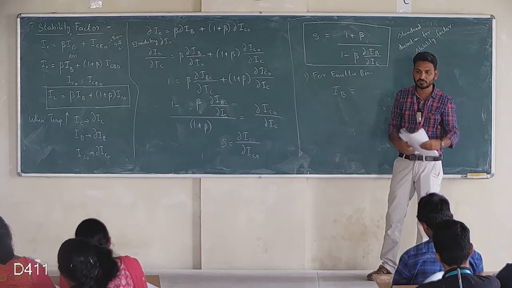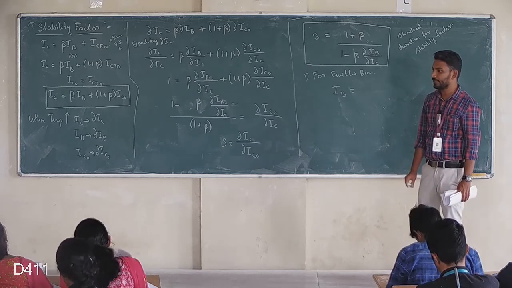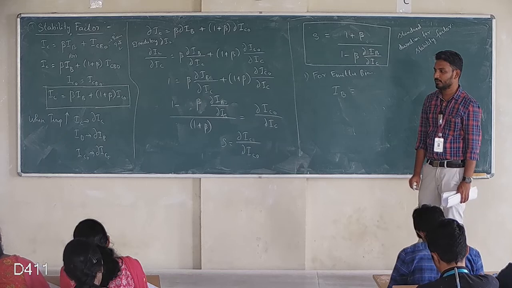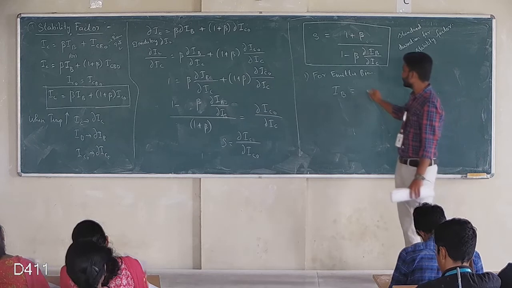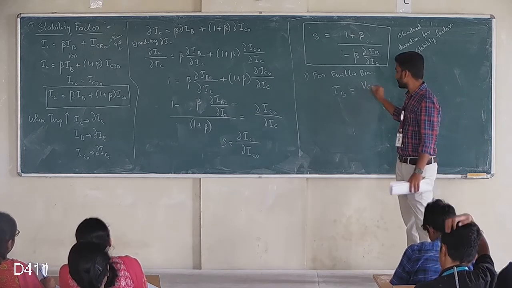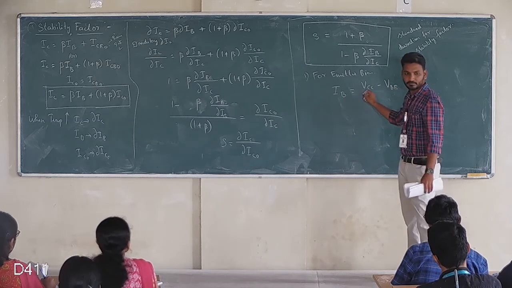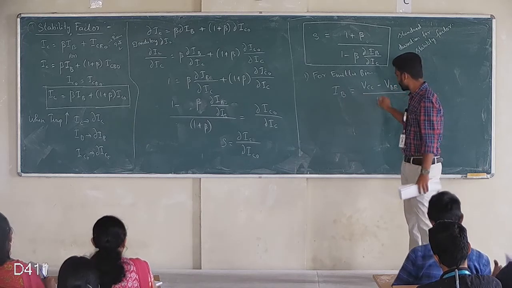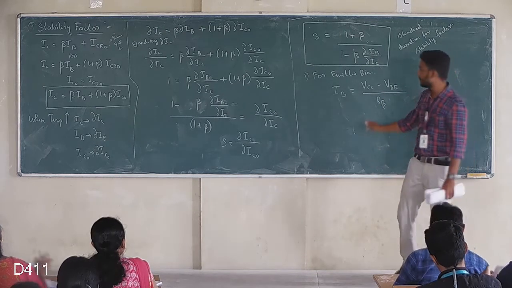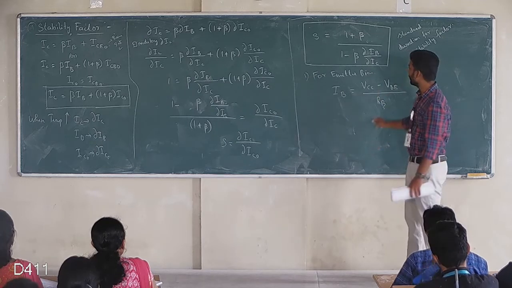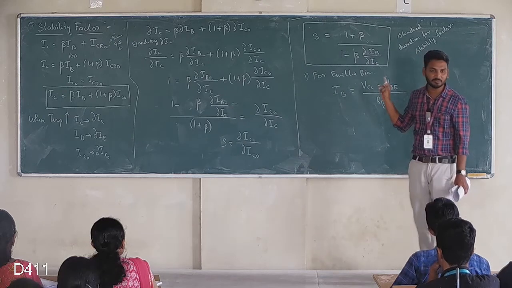First we found the IB equation for emitter bias. Okay, this is the IB equation for emitter bias. Now we are going to differentiate this IB with respect to IC. What is the value?